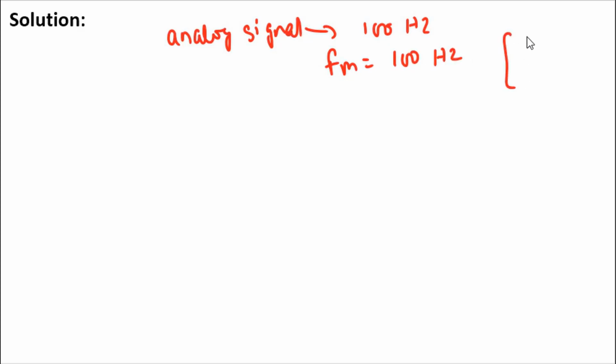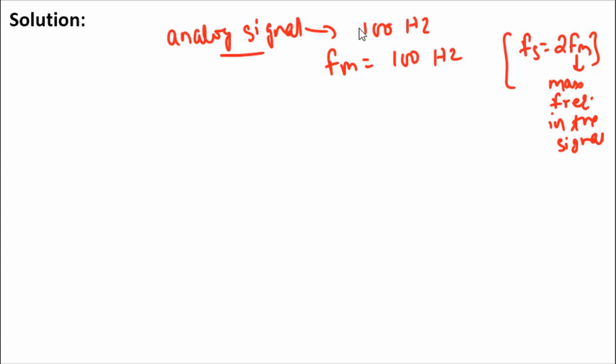Now, the Nyquist rate is given by Fs, which is equal to 2 times fm, where fm is the maximum frequency component in the signal. So if this analog signal is band limited to 100 Hz, then you can find Fs as 2 times 100, which is equal to 200 Hz.